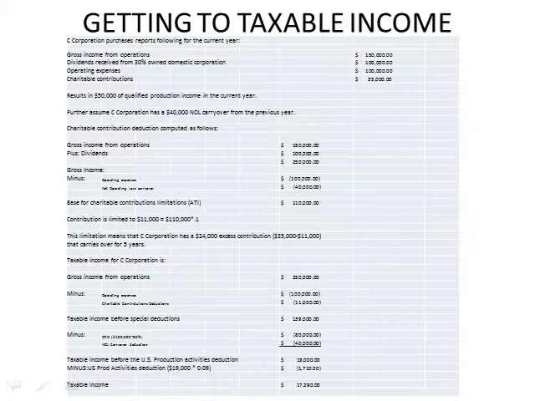So first we have to calculate the charitable contribution deduction to understand whether there are any limitations on that. So we start with gross income from operations, which is the $150,000. We add to that our dividends of $100,000 to get $250,000 gross income. We reduce that gross income by the operating expenses of $100,000 and the net operating loss carryover of $40,000.